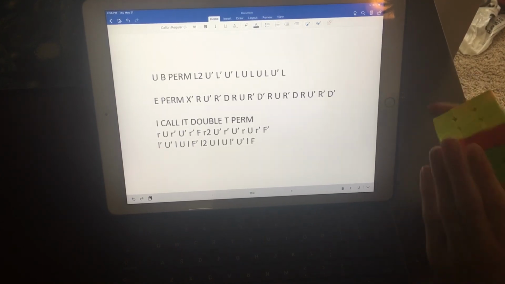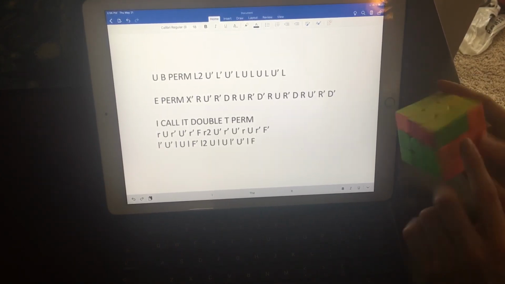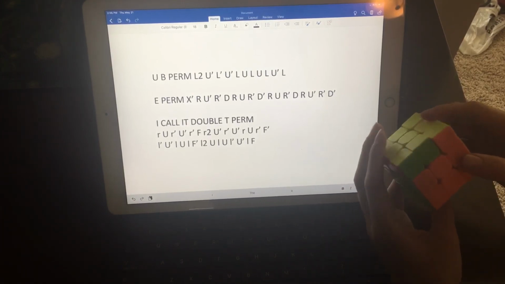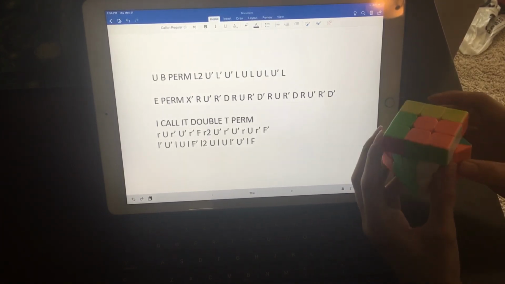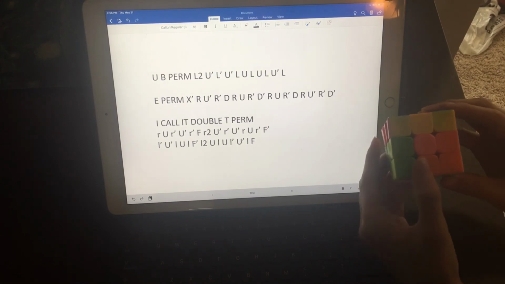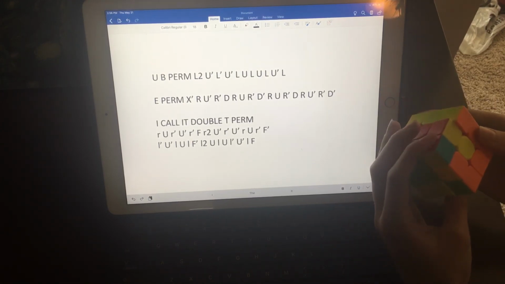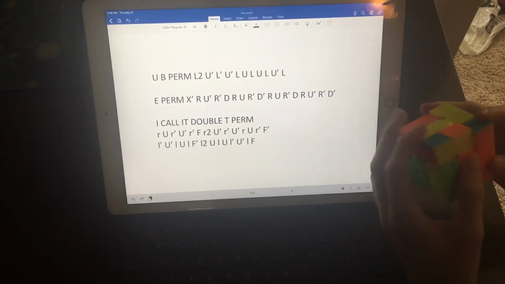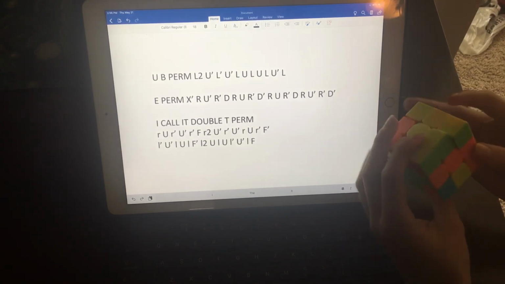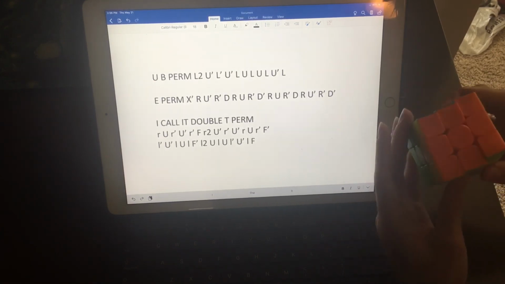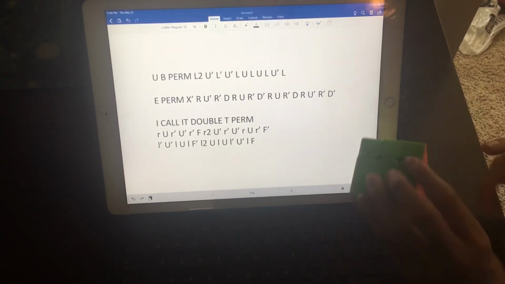You do it the right side. So two lines, and two lines are right by each other with the two dots. That is how you will see this algorithm. It's just the left one of it. L prime, U prime, L, U, L, F prime, L2, U, L, U, L prime, U prime, L, F. That is how you see the algorithm.